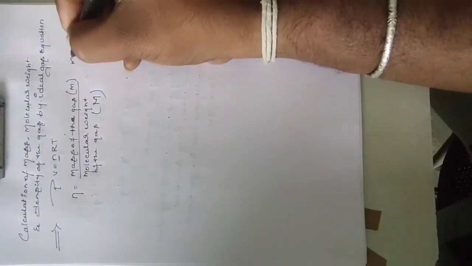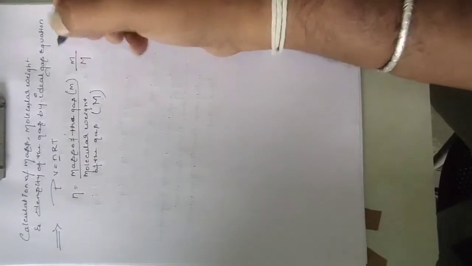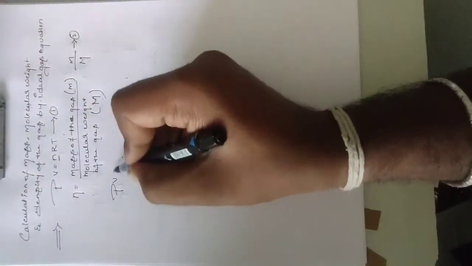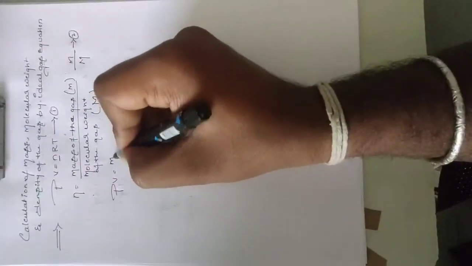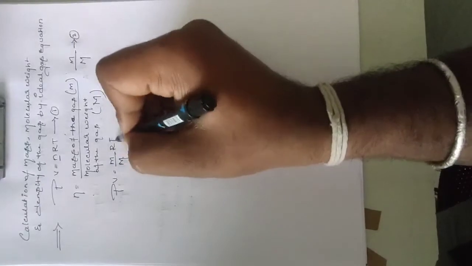You see, we are substituting n by small m by capital M in equation number 2. PV equals m by M, RT. Okay, we have the formula now.